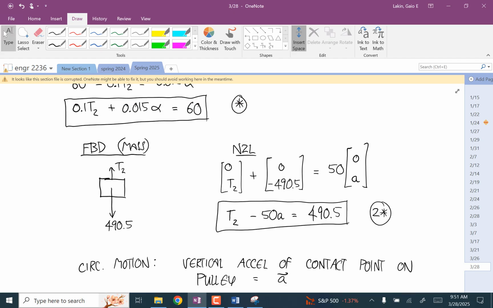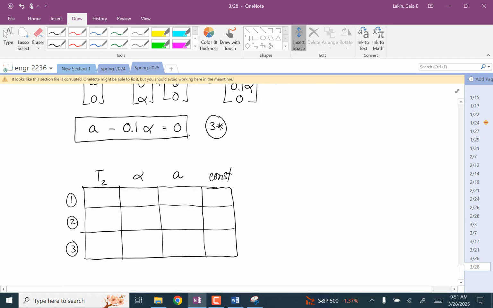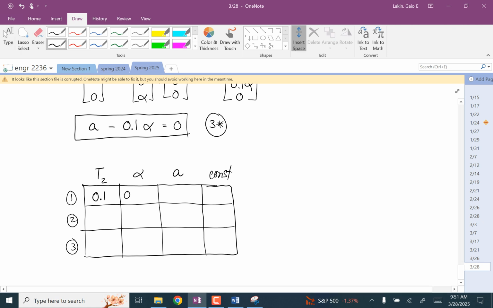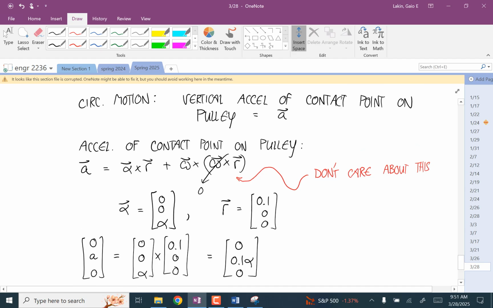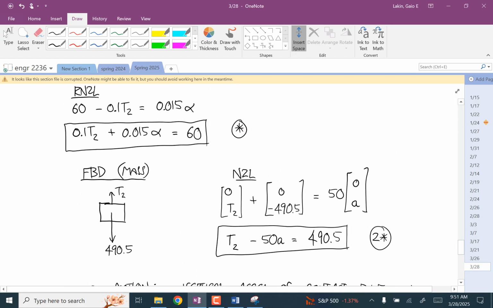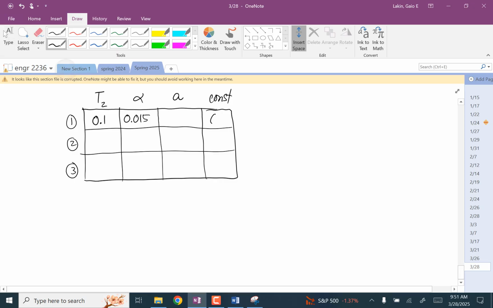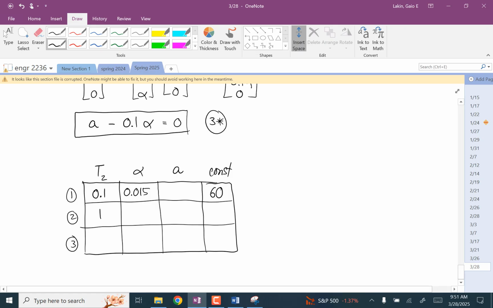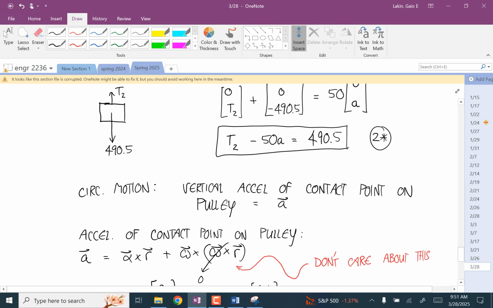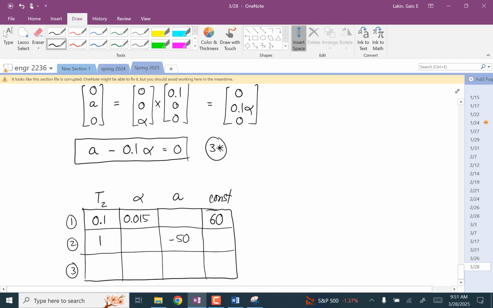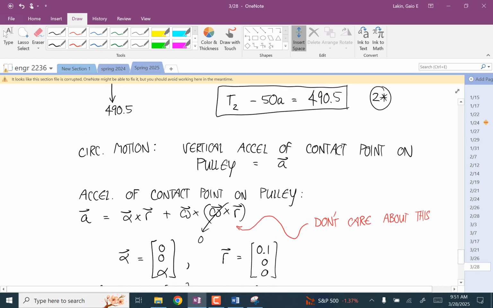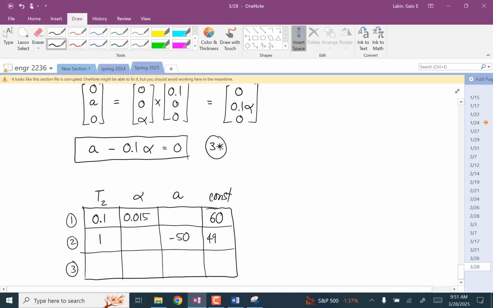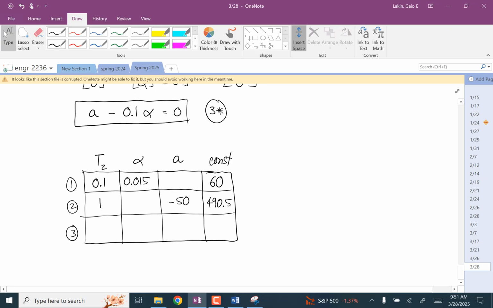So equation 1, T2s we have 0.1, alphas we have 0.015, constants we have 60. Equation 2, T2s we have 1, A's we have -50, constants 490.5. Equation 3, A's we have 1, alphas we have -0.1. Everything else is 0.